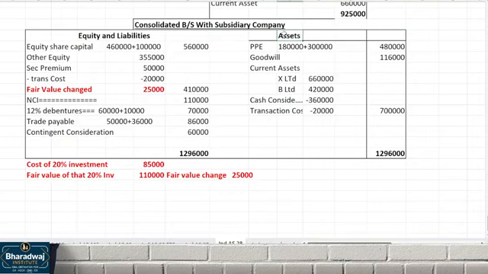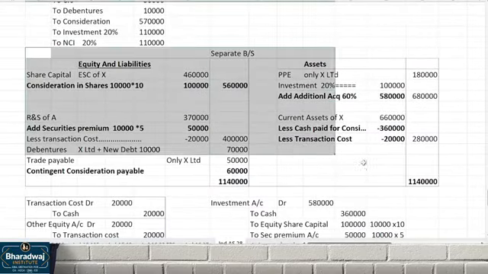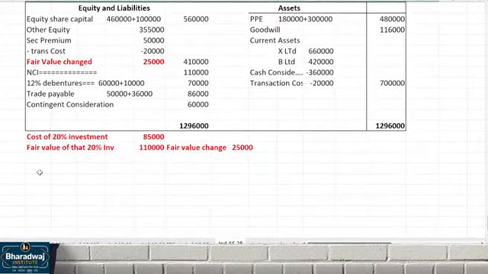Now what I request is pay attention for 2 minutes. In the separate balance sheet, what difference will it make? In the separate balance sheet, what difference will there be between 2A and 2B?